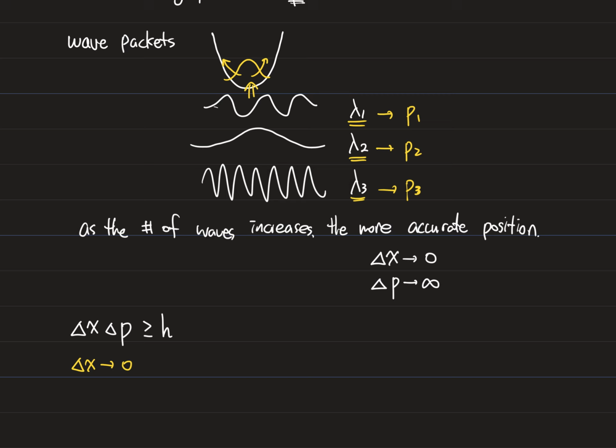But the product of these two quantities should be larger than h. So delta p goes to infinity, diverges, and we don't have any information regarding the momentum. This principle fundamentally destroys the classical idea of a particle following a well-defined trajectory, where we know its exact position and velocity at every instant, right?